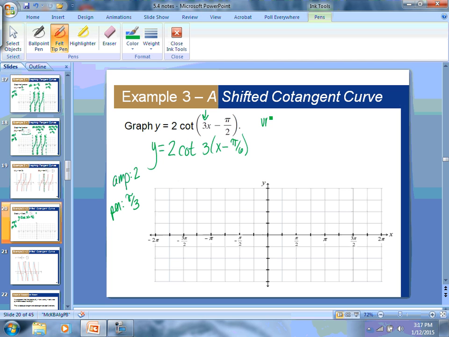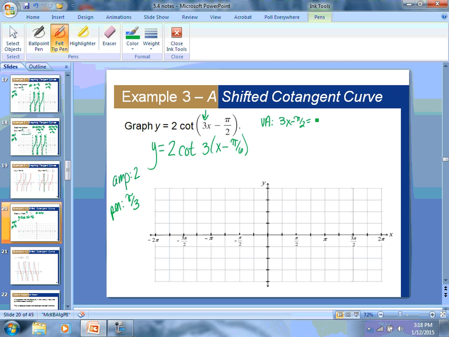And then if I want to find my vertical asymptotes, I have to take all that stuff that comes after the cotangent. So that 3x minus pi over 2, I have to take that and set it equal to, now there's different values now for the cotangent. Okay, cotangent isn't sine over cosine like the tangent one was. It's cosine over sine.